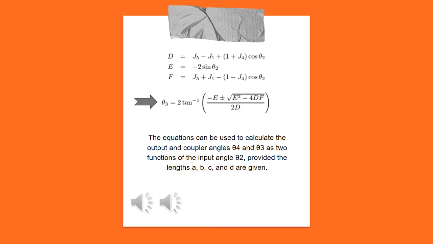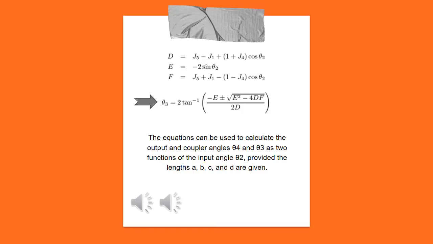By adding equations and simplifying, we derive the following equation, and we have J1 cos angle 4, where G1 have a correlation that we can see, and this is called the Freudenstein equation.